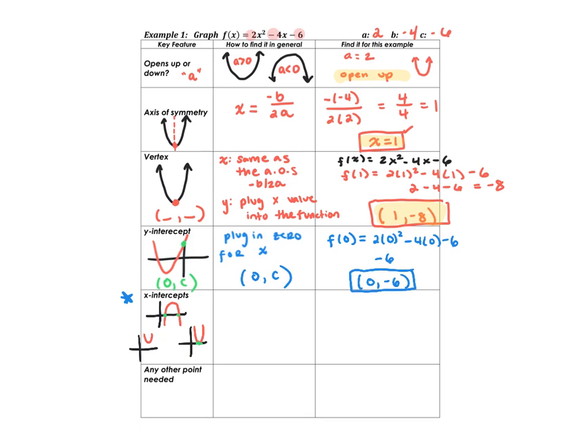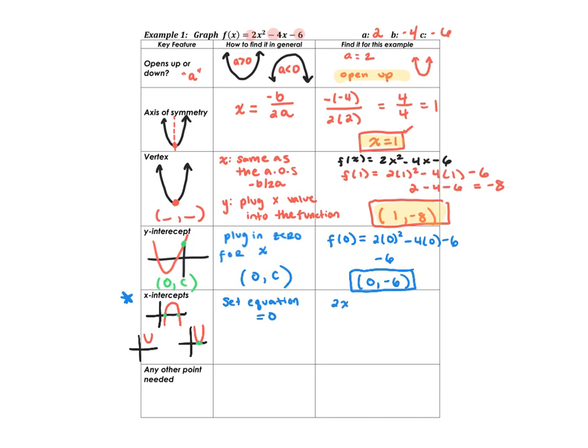And this should sound familiar. These are your 3 possible results when you do the quadratic formula. But the first thing you're always going to do is set your equation equal to 0. You're always going to do that.